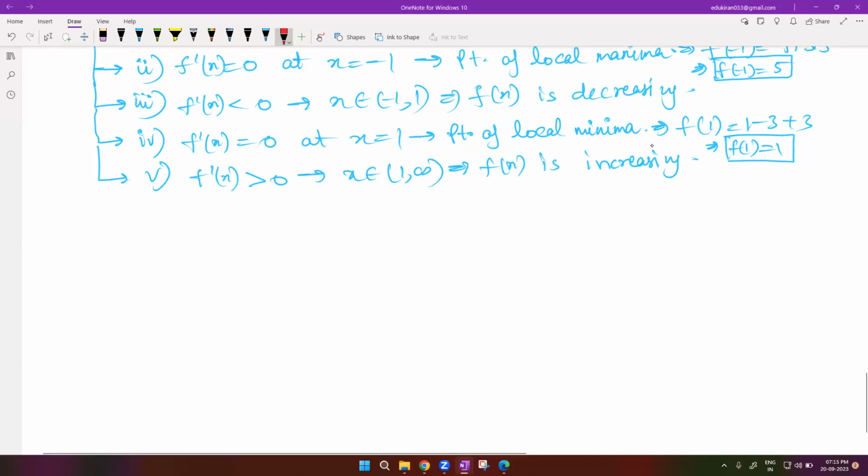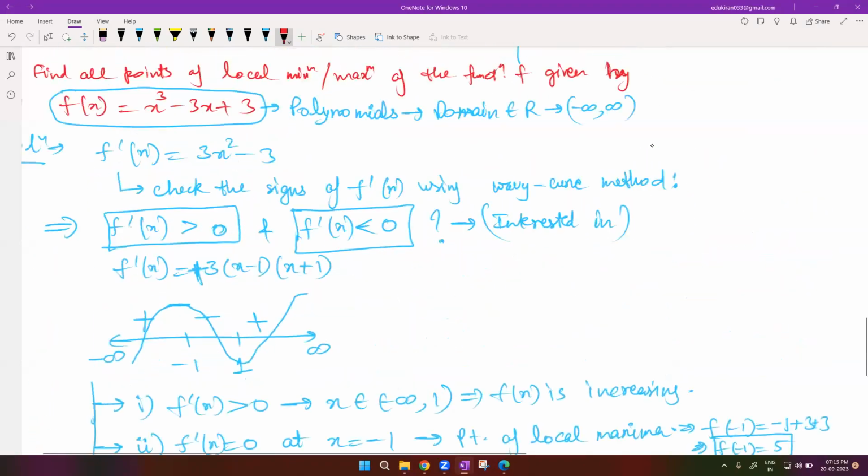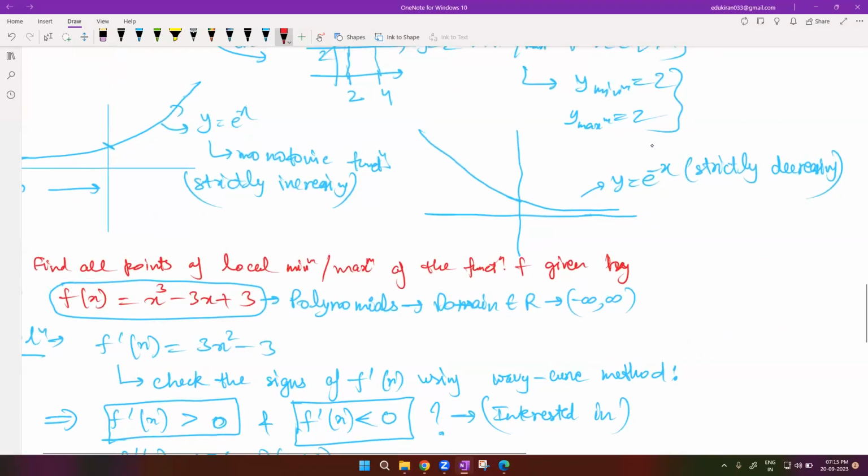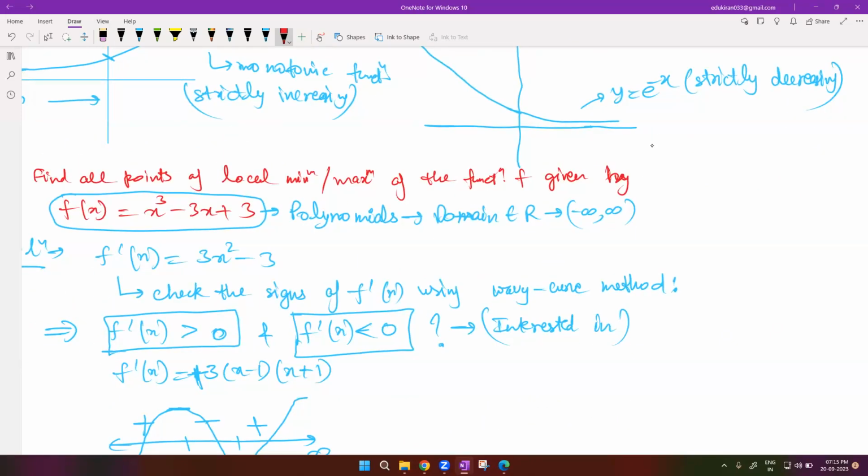So then, in the series of this, the second question is, we have to find out, and also I would like to update the question actually. Find the points of local minima and maxima of the function f given by this, and also find the minimum and maximum value.